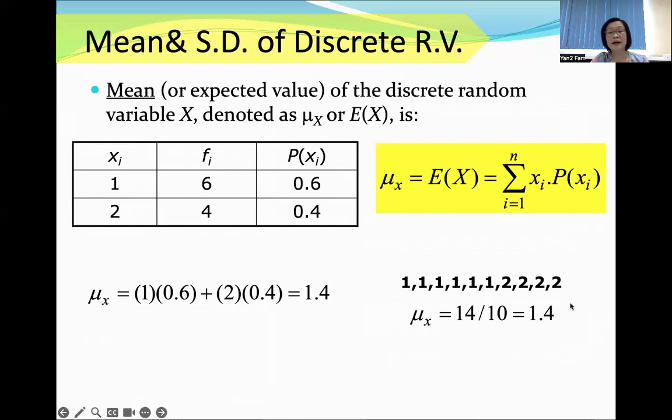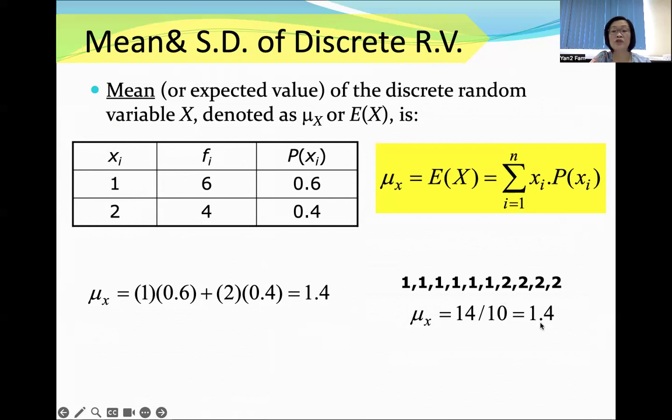So for example, I check all the defects in all the compressors that happen in a month or a week. It turns out that some of the compressors have one defect, some of them have two defects. And this is raw data. So you can add them together and divide by how many compressors.